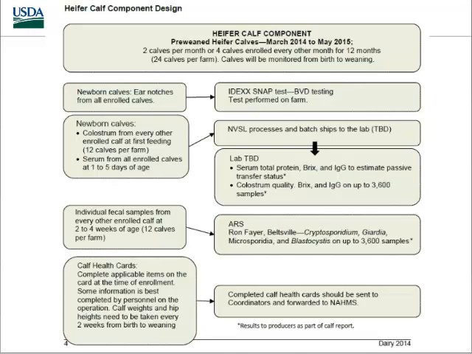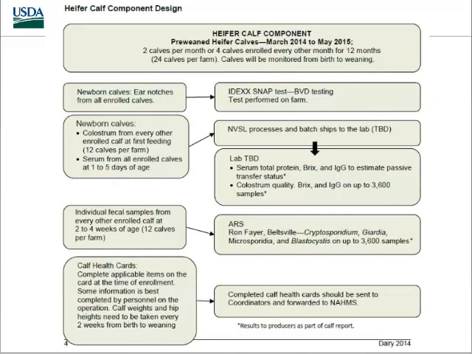According to the IDEXX instructions, if a calf is positive, they recommend retesting it again in 21 days. If it's still positive, then ideally the owner would get rid of it, but obviously we're not in that business of telling them what to do with them. We can just tell them that the calf isn't eligible for the study if it is BVD positive.